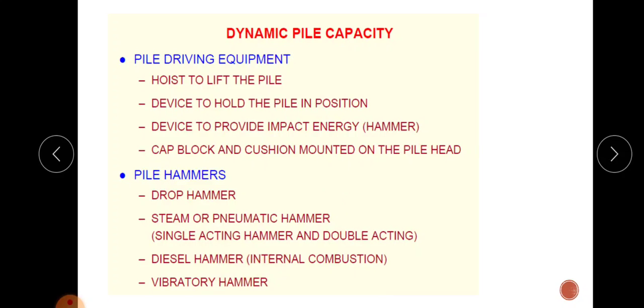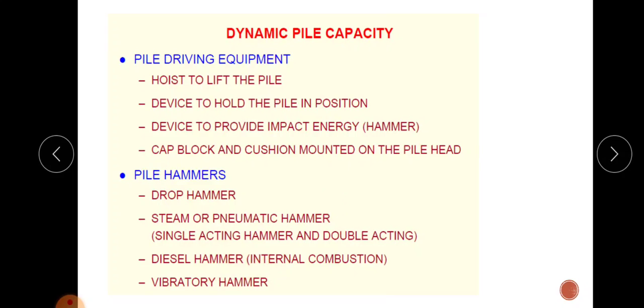This dynamic pile capacity relates to the efficiency of the hammer, and it is derived using an assumption, that the kinetic energy delivered by the hammer during the driving operation is equal to the work done on the pile.